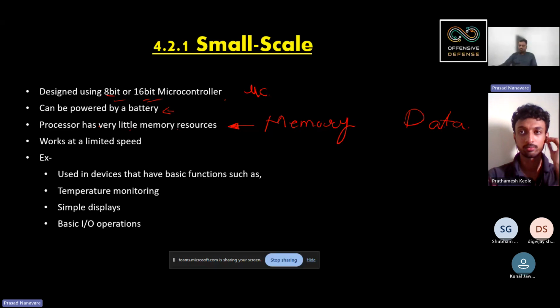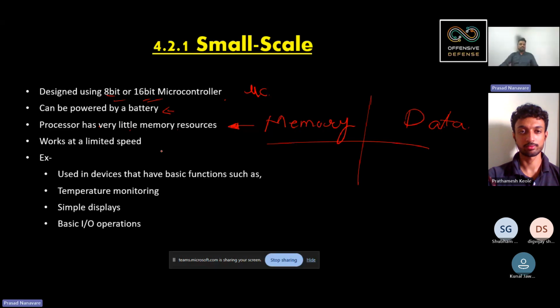Which is RAM and which is ROM out of these two? I guess program memory is RAM and data memory is ROM. You're right. So whenever I say program memory and data memory, you know what I'm talking about now.